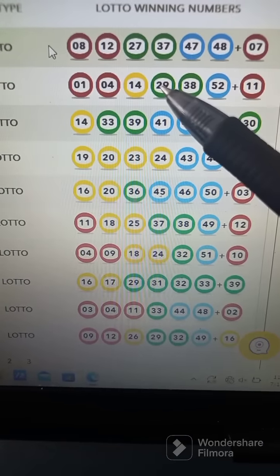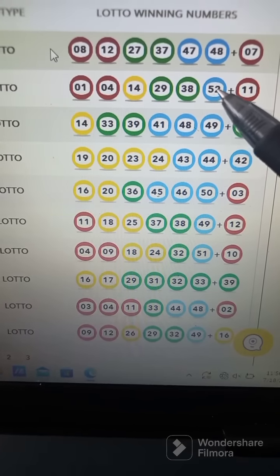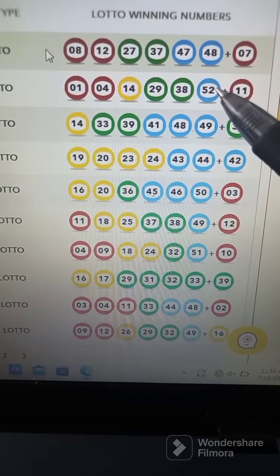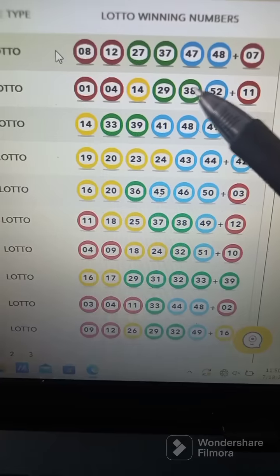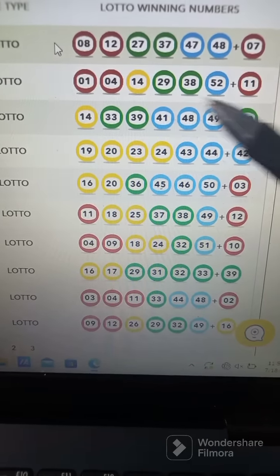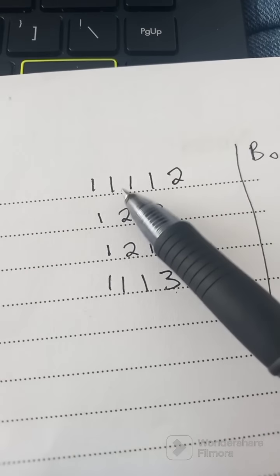And then they took 29, which is the only digit in that group, and 38. This one falls in its own group, and 52. So this is 2, 1, 1, 1, 1. So even in this week, they used the same sequence of 1, 1, 1, 1, 2.